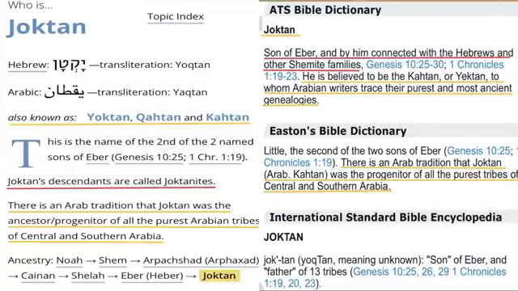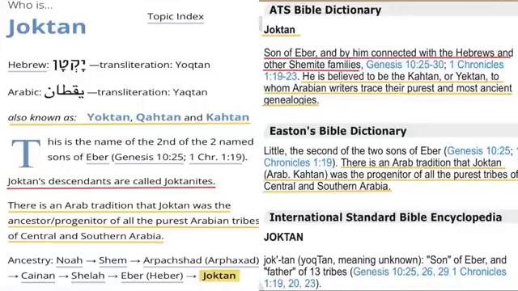He is believed to be the Khaktan or Yaktan, to whom Arabian writers trace their purest and most ancient genealogies. Easton's Bible Dictionary: there is an Arab tradition that Joktan, Khaktan, was the progenitor of all the purest tribes of central and southern Arabia.